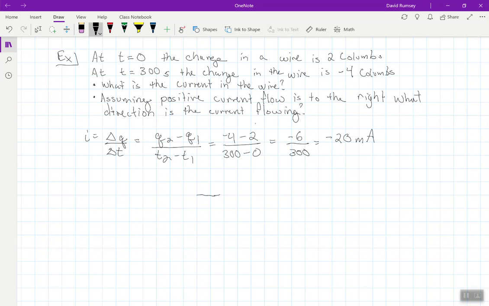For the second part, let me draw a wire here. What the problem says is it's defining that this direction is positive current flow.